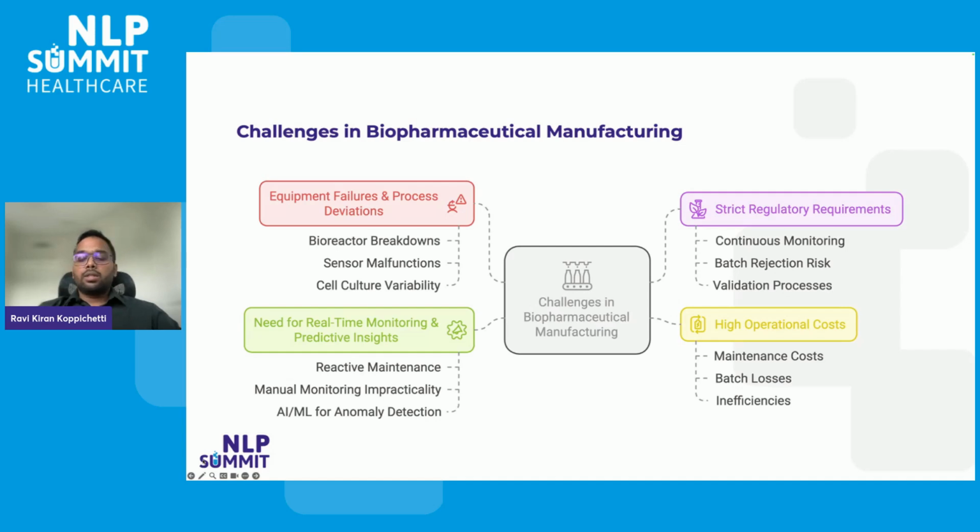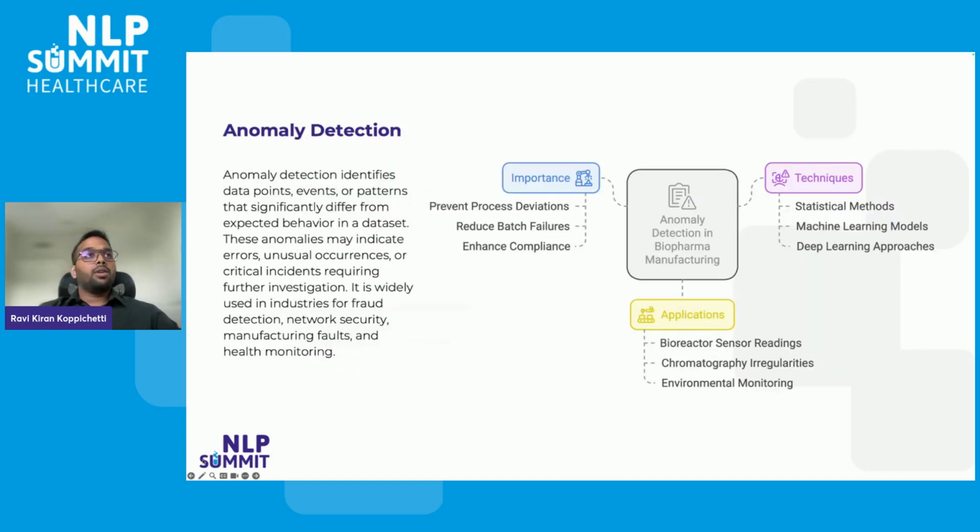So, in the next slide, let's talk about anomaly detection. Anomaly detection is vital in biopharmaceutical manufacturing. This process involves identifying deviations from expected operating conditions, which may indicate potential failures, inefficiencies, or compliance issues.